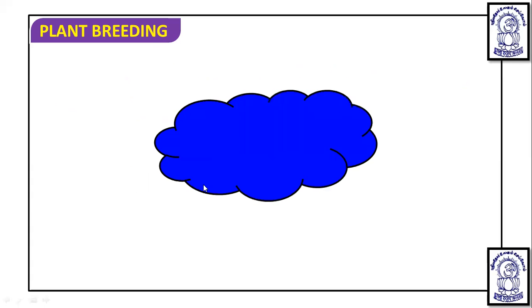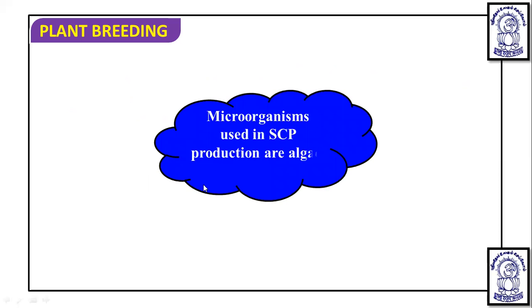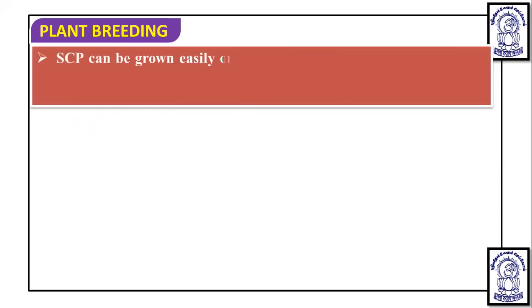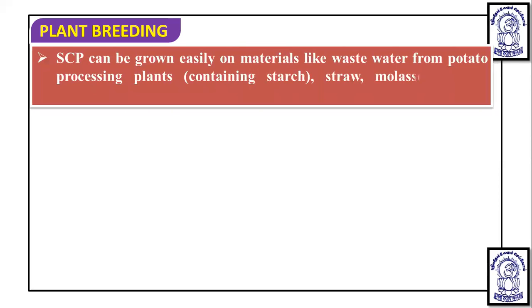So microorganisms used for production of SCP are algae, fungi or bacteria. In algae, blue-green algae is used, that is, cyanobacteria. So if we talk first about the production of SCP from cyanobacteria, it is known that it can be obtained from the cyanobacteria.